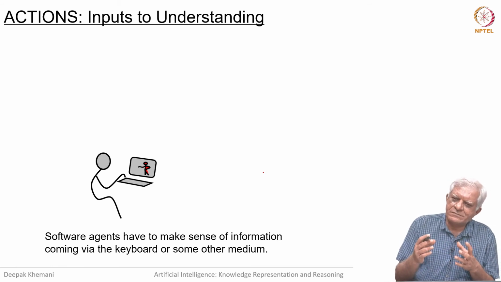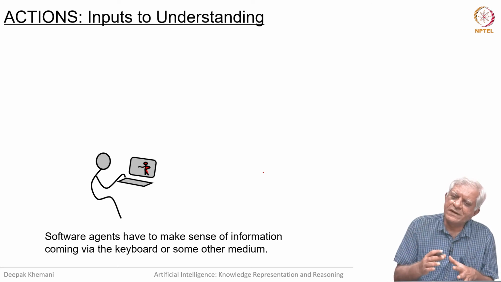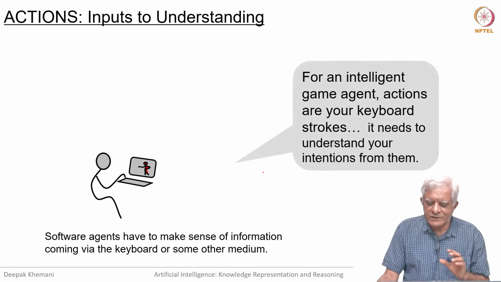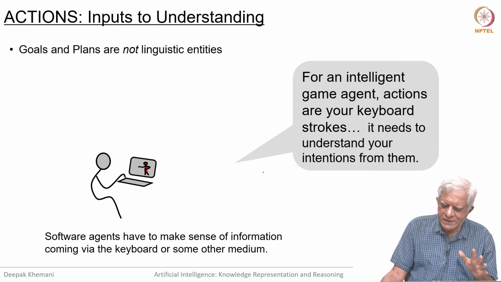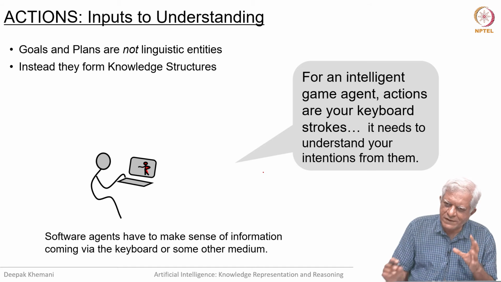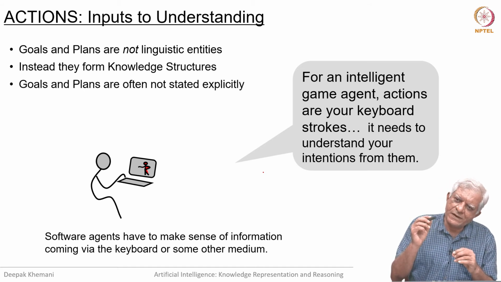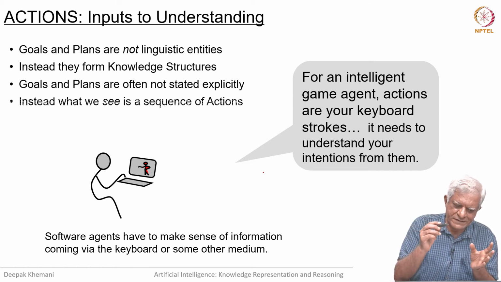So, there are some things like intentions and goals and plans and so on, you cannot see them essentially, they are often left unstated. So, for an intelligent game agent for example, actions are the keyboard strokes, it needs to understand your intentions from them somehow essentially. So, you need that knowledge about how actions are related to plans and how plans are related to goals and how goals can be the intentions of agents and so on.